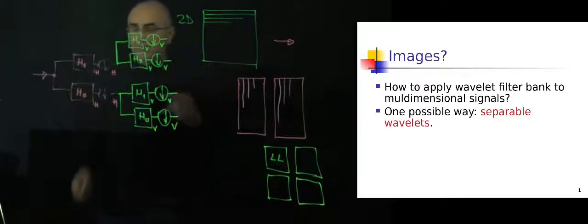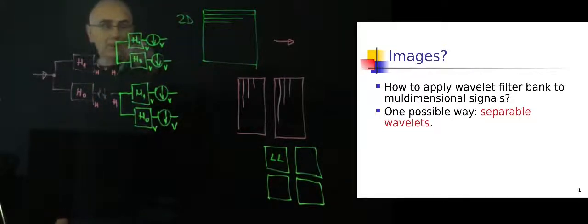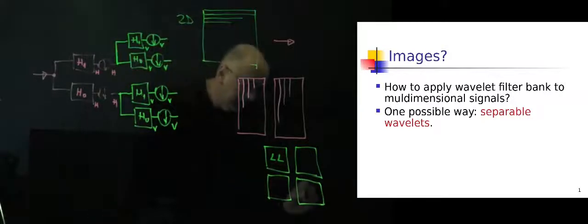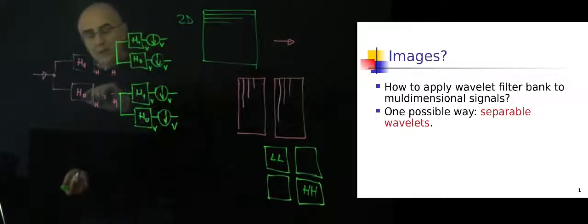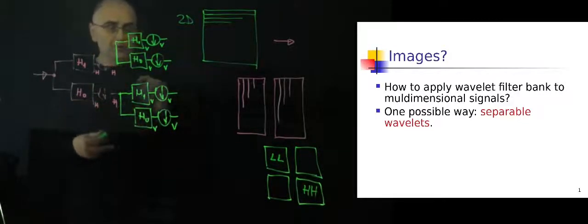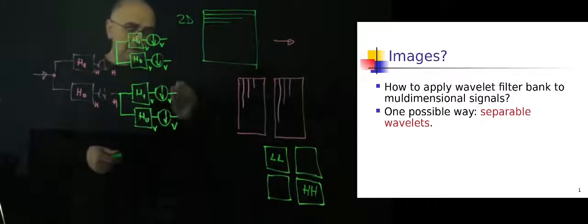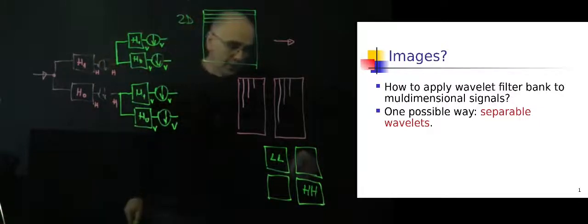The opposite of it is a high pass filter in both directions. So let's put it here, and in the middle we have a combination. Low pass filter in the horizontal direction followed by a high pass filter in the vertical direction. So we can just put it here.